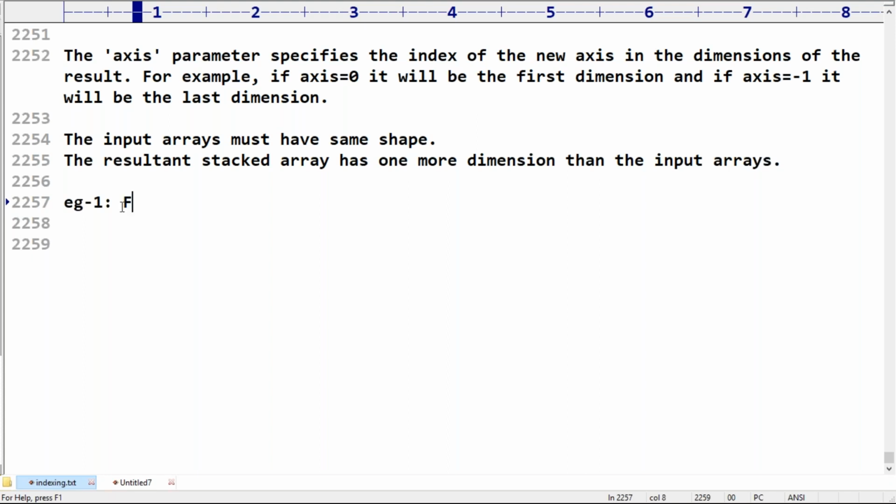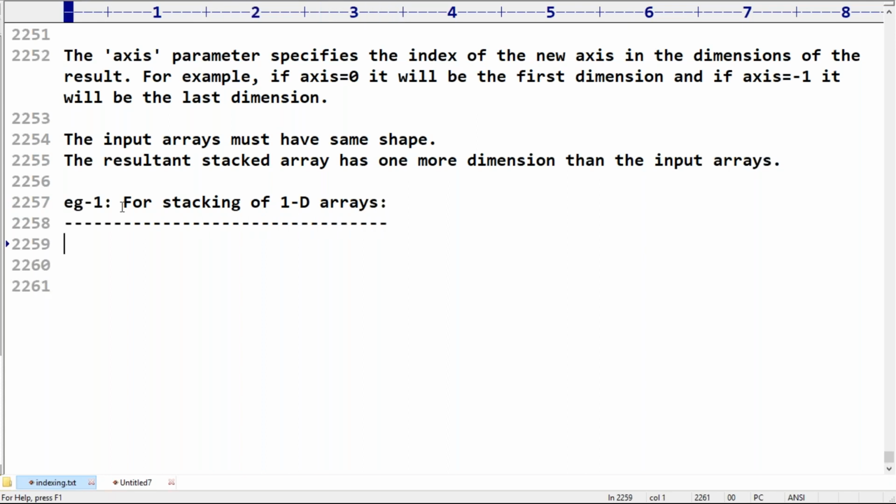Okay. So for example, for stacking of 1D arrays, I'm taking one-dimensional arrays.